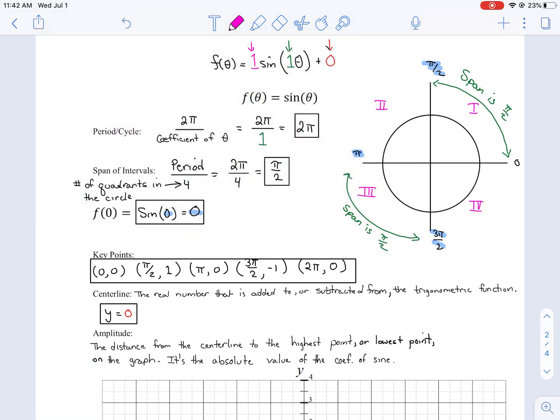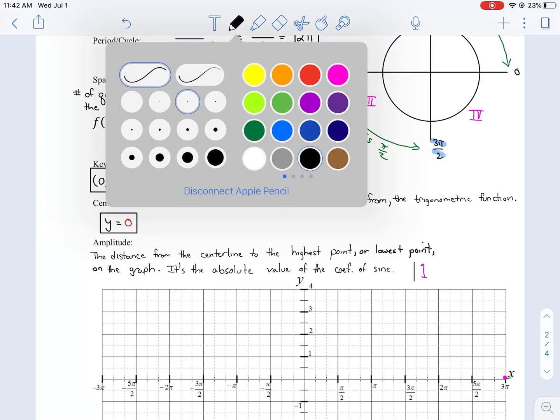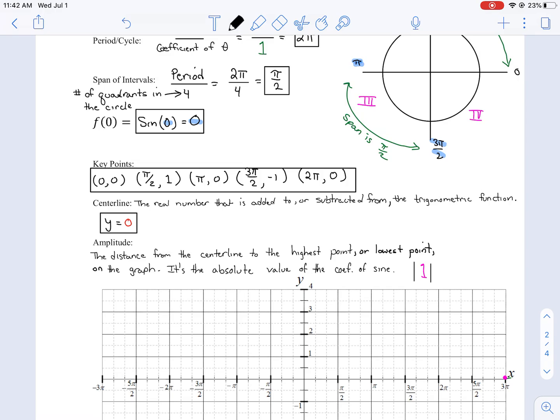The coefficient of sine is 1. So the absolute value of 1 is 1. And now we have all the information we need to graph sine theta.